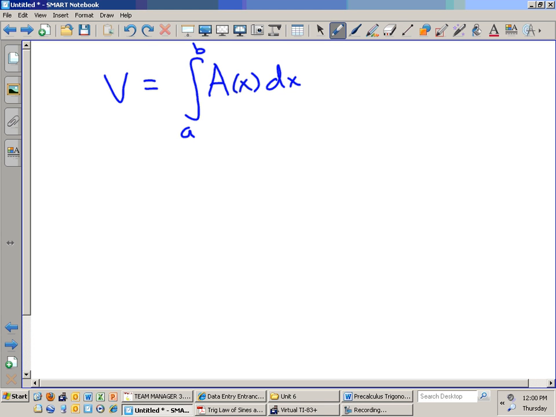The area of an object times the width is a volume, and we add up an infinite number of those to get the entire volume. Just like we used to add up an infinite number of areas of rectangles. And that's what we do. So the formula is that simple. Generally, all you need to do is just figure out your radius and then square it.